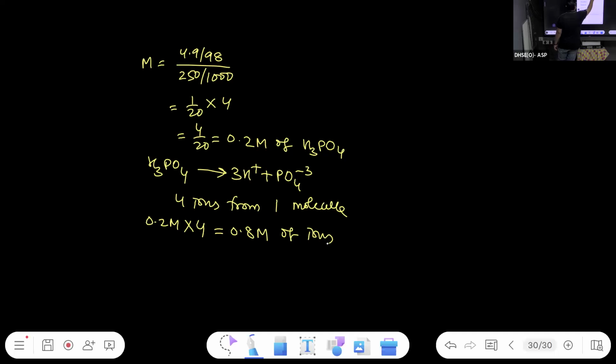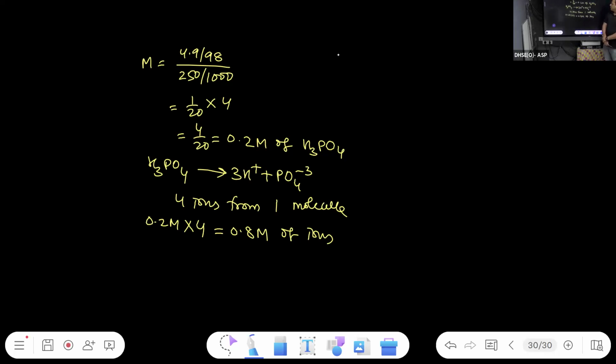Question number 2. Okay, students who were absent, I explained this, so refer to the solution. In the second question, molarity is asked. Number of moles in 1 liter of the solution: number of moles is 4.9 divided by 98 and volume is 250 divided by 1000.